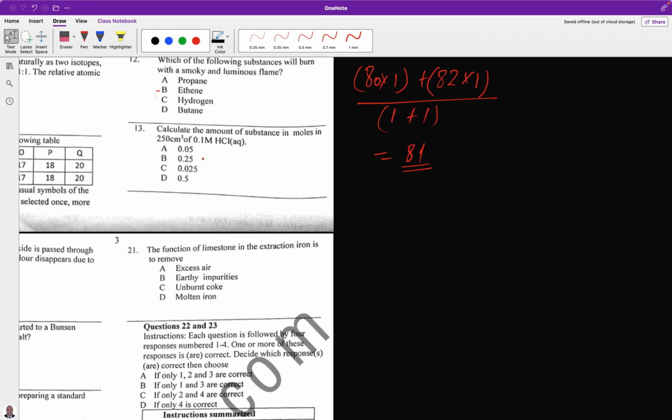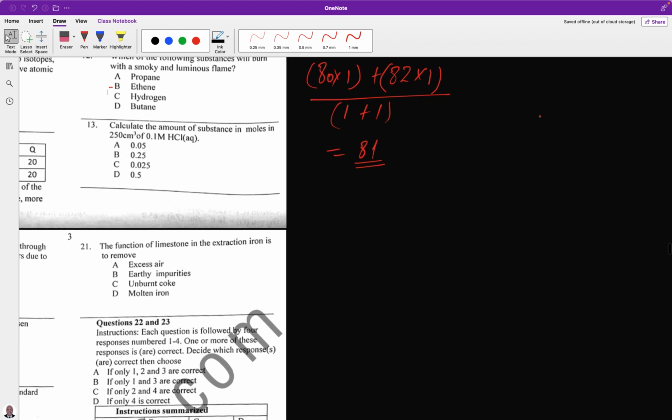There is a relation: concentration equals moles divided by volume in dm³.